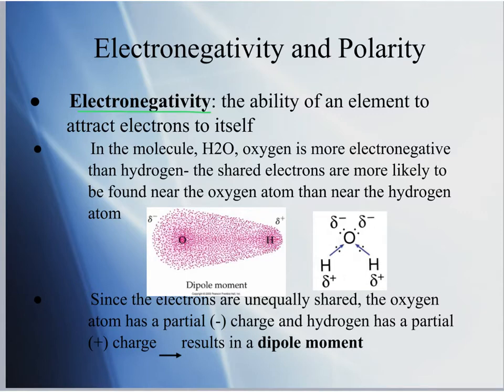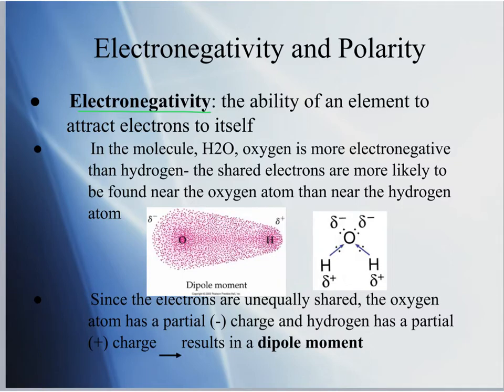And so neither of them is going to concede their electrons. They're just going to kind of share or fight over the electrons as they make that bond. Okay. So let's take a look at the molecule water, H2O. In this molecule, oxygen is a very highly electronegative atom.